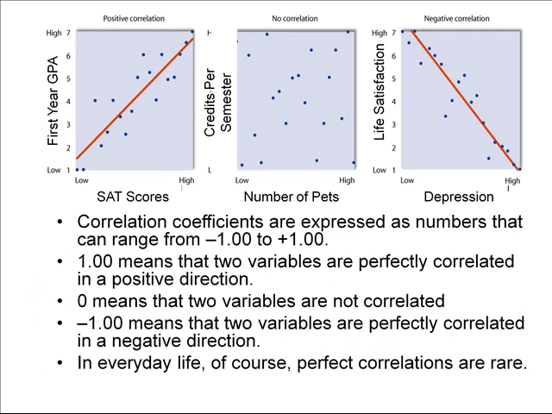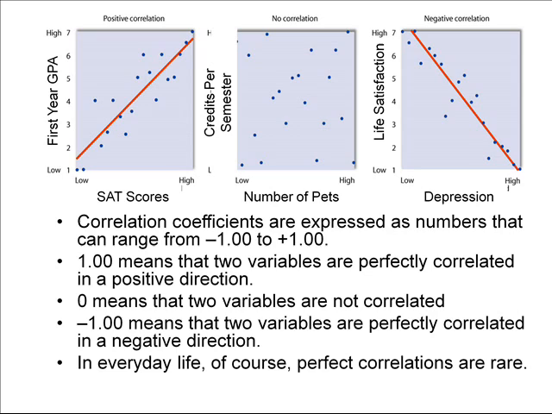Here are some other examples of scatter plots. The one on the left is another positive correlation, this one showing SAT scores and first-year GPA. Though not perfect, as you can see, the best fitting line, which is the correlation coefficient, does not pass directly through each point. However, the trend is positive. The middle scatter plot is an example of no relationship, which has a correlation coefficient close to 0.